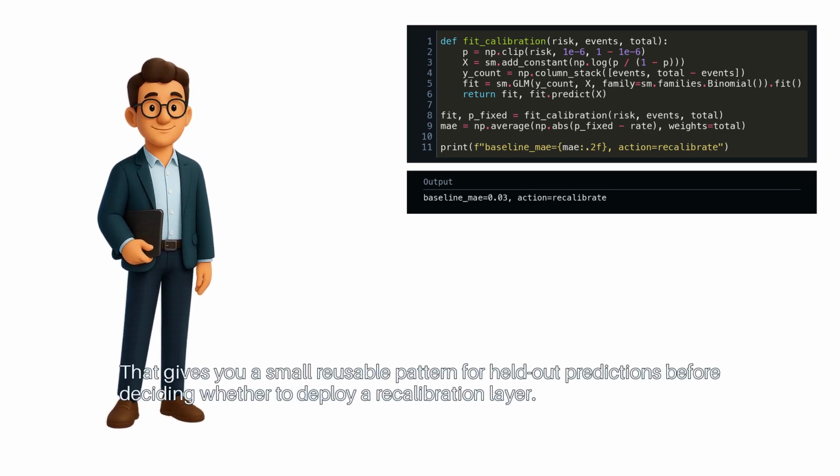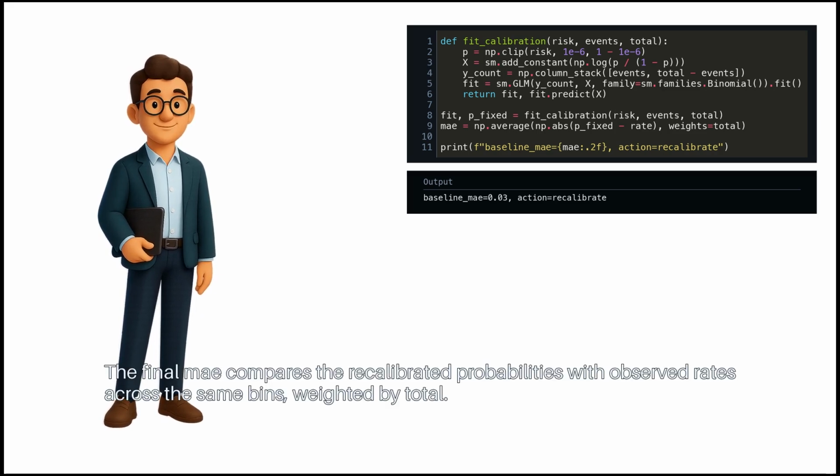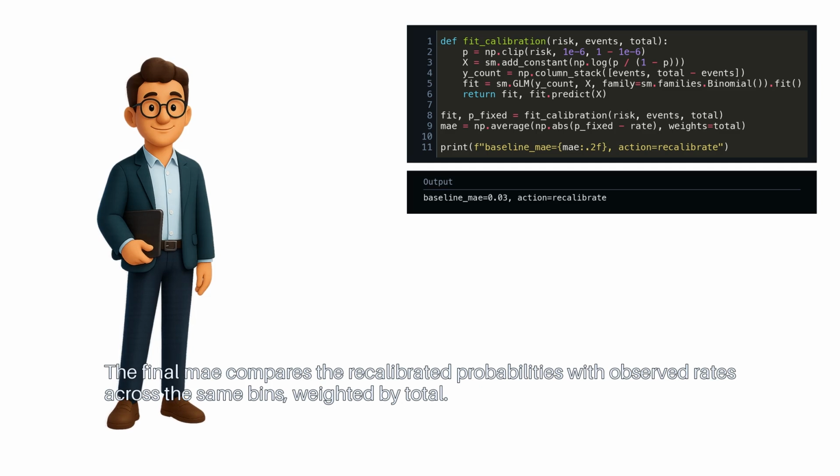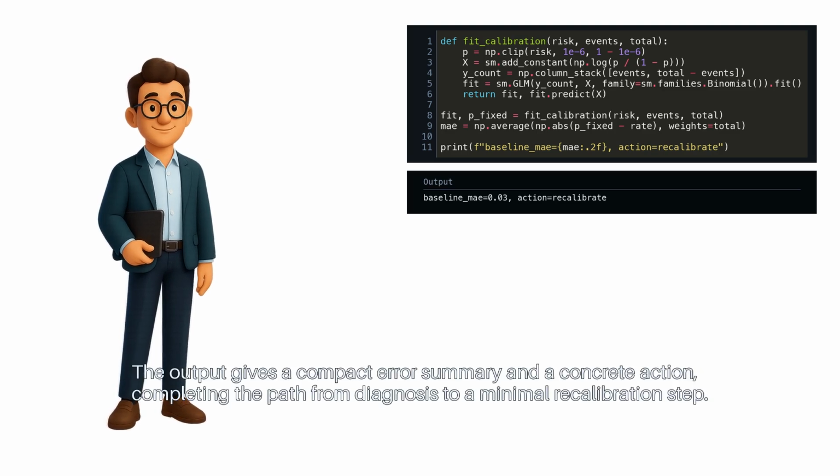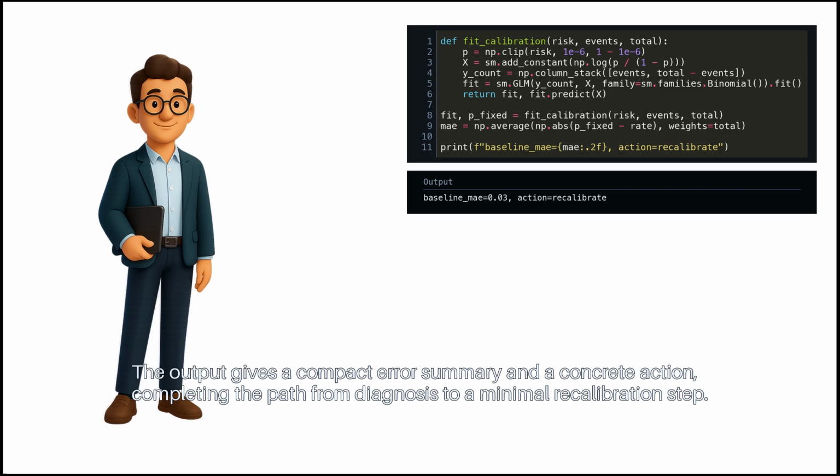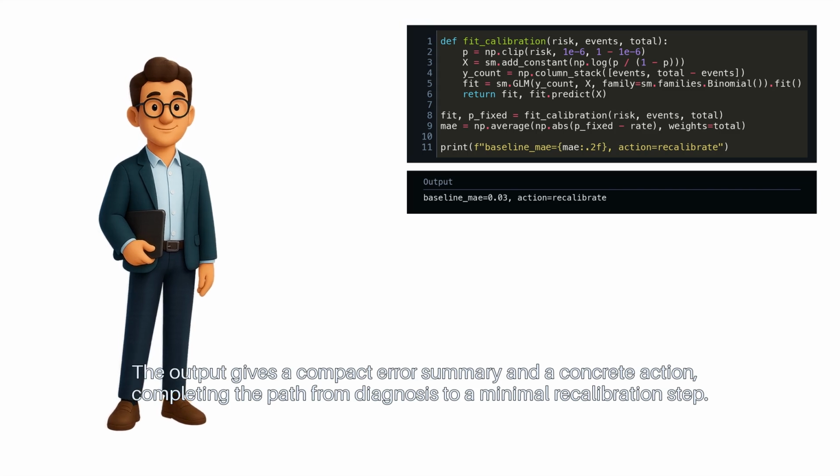That gives you a small reusable pattern for held-out predictions before deciding whether to deploy a recalibration layer. The final MAE compares the recalibrated probabilities with observed rates across the same bins, weighted by total. The output gives a compact error summary and a concrete action, completing the path from diagnosis to a minimal recalibration step.